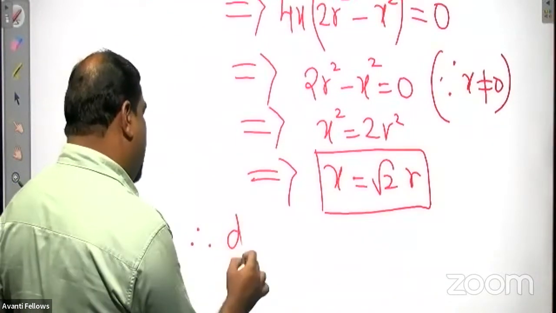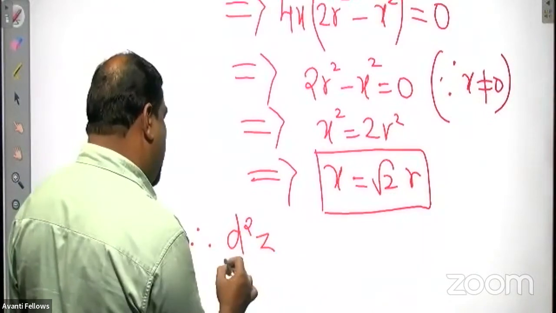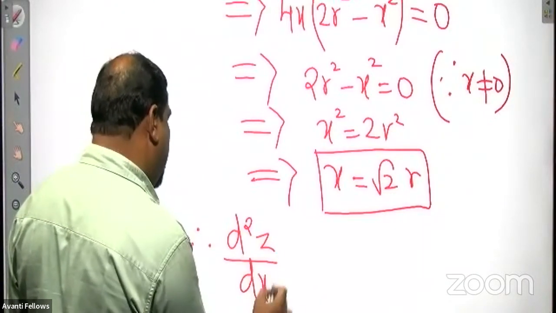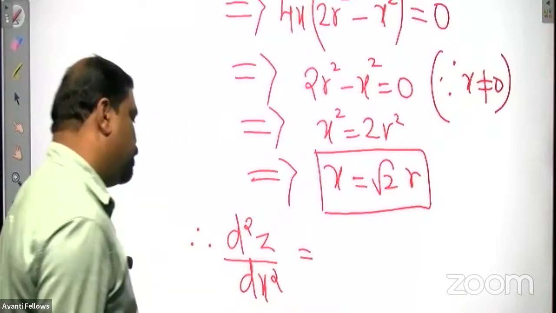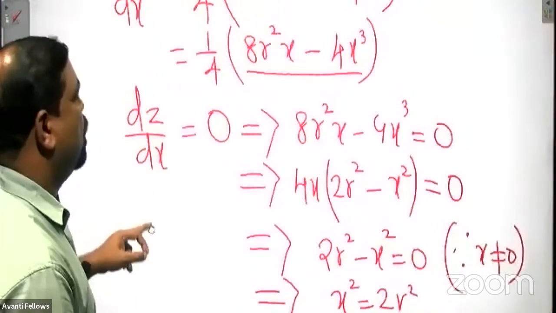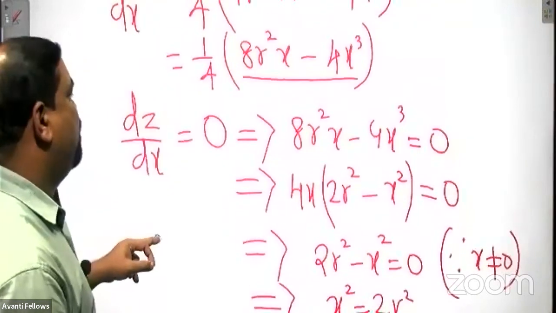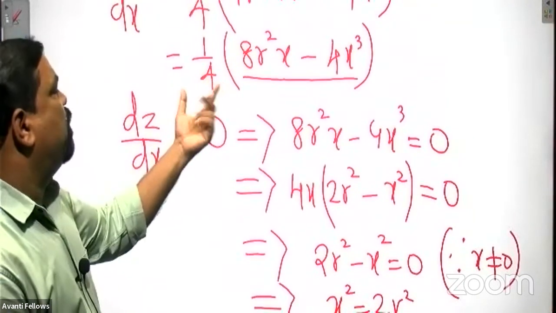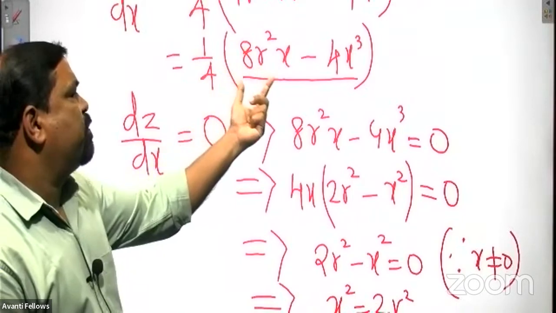So let us find the second derivative, that is d square z divided by dx square. What is dz by dx? We have already got it here: 1 by 4 into 8r square x minus 4x cube.